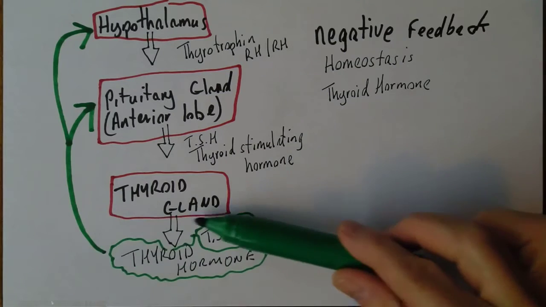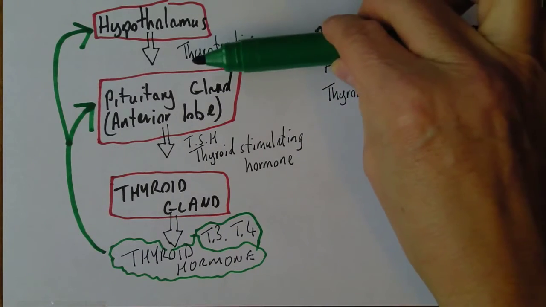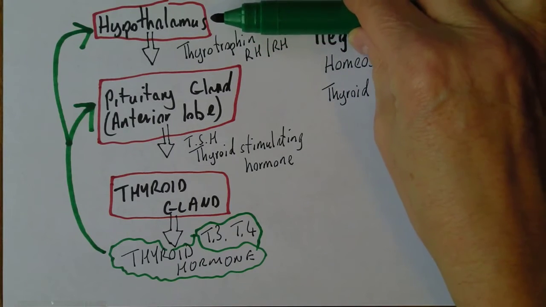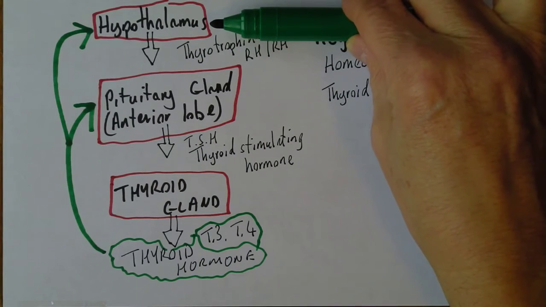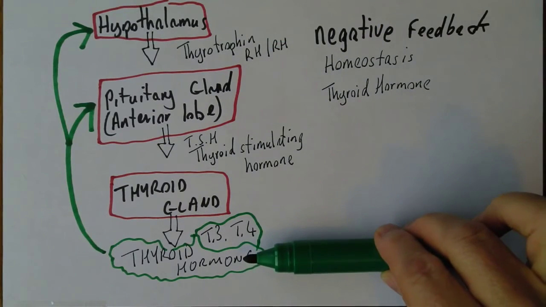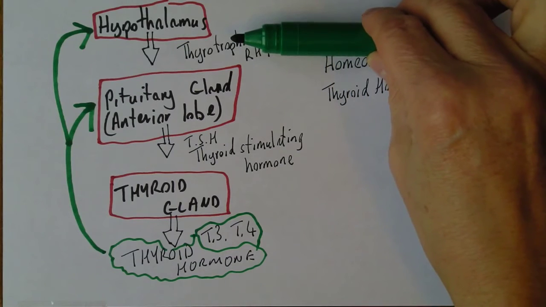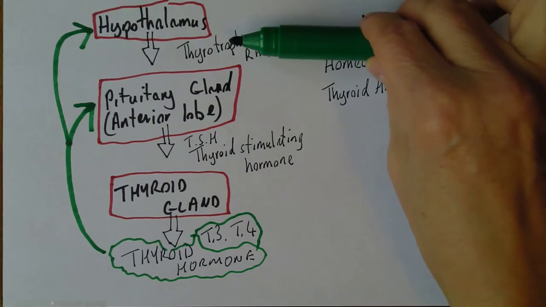And the increasing levels of thyroid hormone will inhibit the release of the thyrotrophin releasing hormone from the hypothalamus. So let's say that again, that's key. The increased levels of thyroid hormone will inhibit the release of thyrotrophin releasing factor from the hypothalamus.